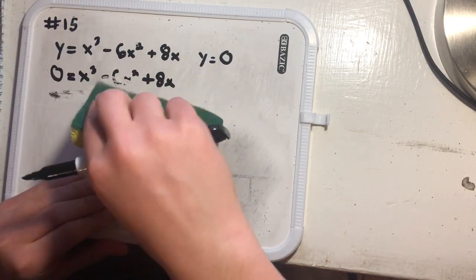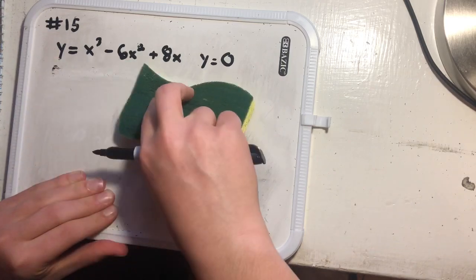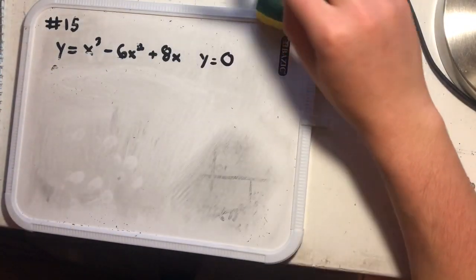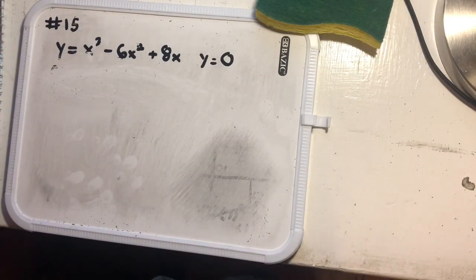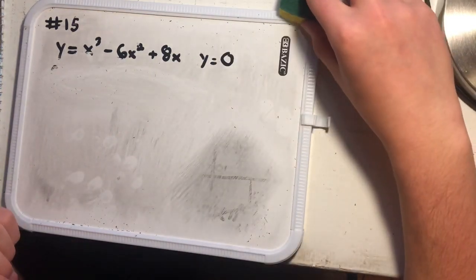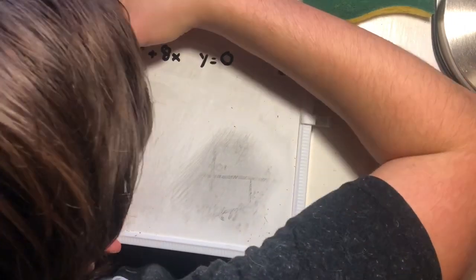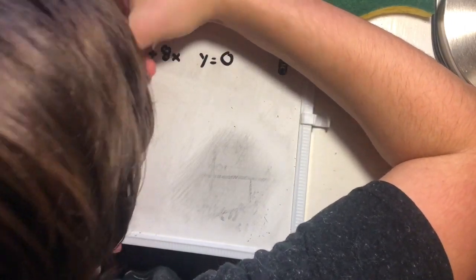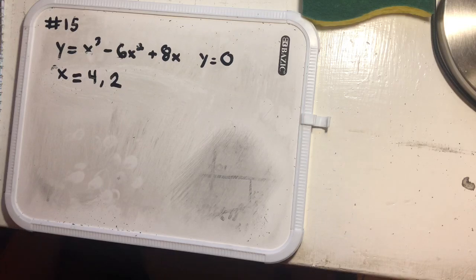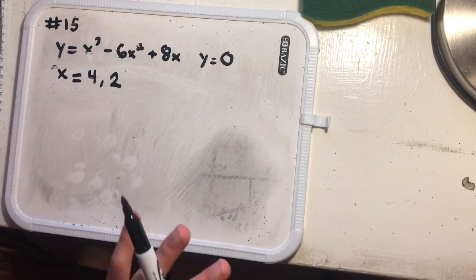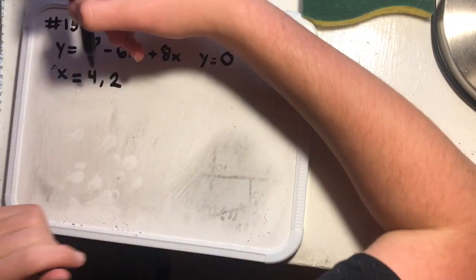And ultimately, all of that is going to get you zeros at x equal to 4 and x equal to 2. Okay, so these give you the zeros, and this is the basis of what our integral is going to be based around.